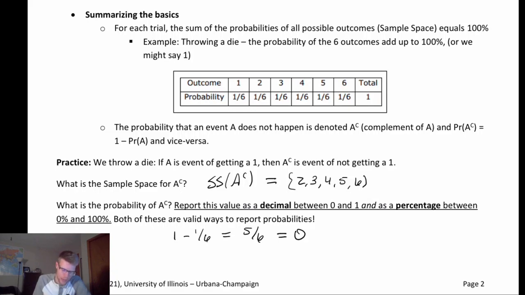If I want to round that as a decimal number, this is going to be 0.833 with repeating decimals. I won't continue writing them. I'll just round it to 0.833. I can also write it as a percentage. 83 to as many decimal places as I want. I'll just do 83.3% as how I'd represent that as a percentage.